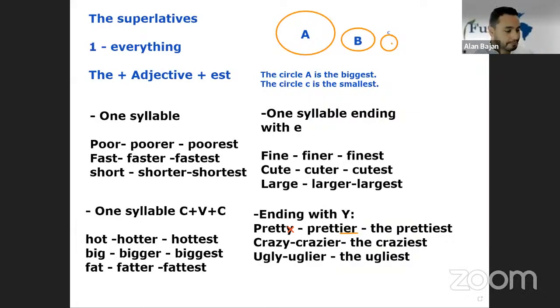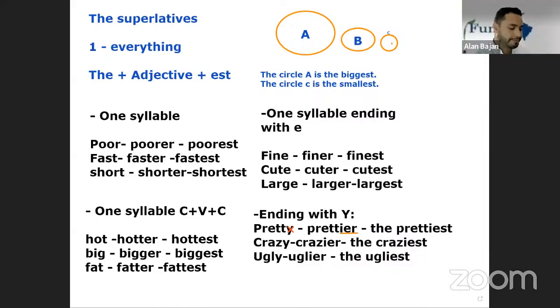Abner? Yes, teacher, there is one more rule for these two topics. Yes, sir. I am about to explain it. When the adjective has more than two syllables.